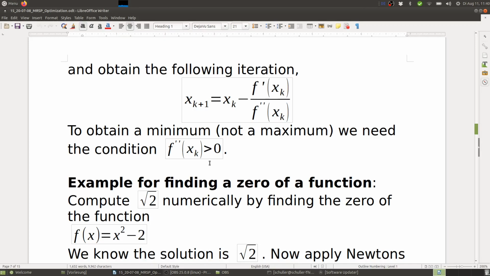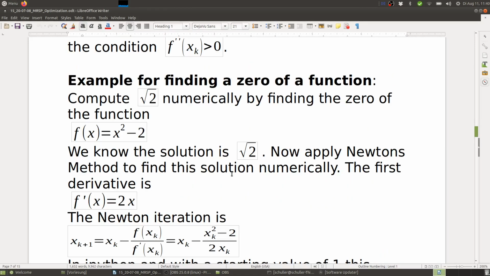So here's a simple example. It turns out that optimization is actually very convenient also for numerical mathematics, for finding solutions for expressions like square root of 2. Right? How do you find the solution of square root of 2 if you, say, don't have a calculator which has this capability?